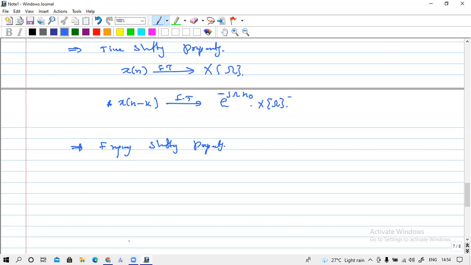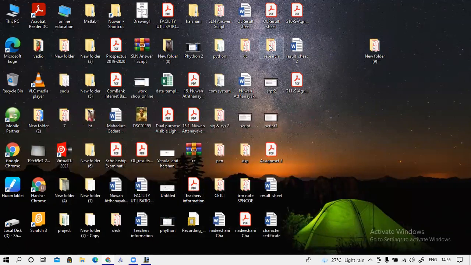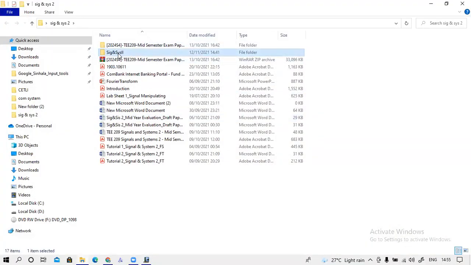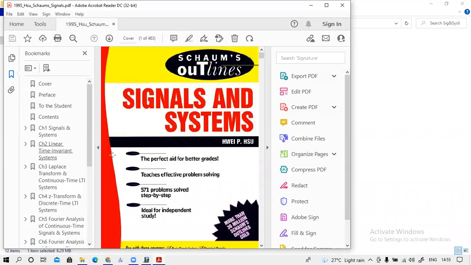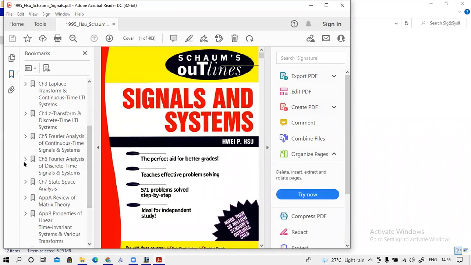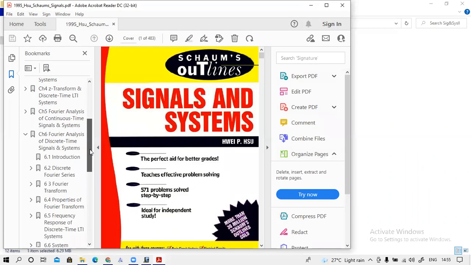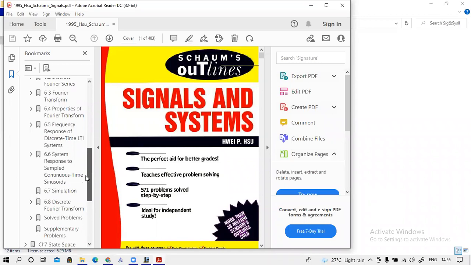Let me check it, so hold on please. You can see my screen. I will use the book as usual. Here you have the Fourier transform of the discrete time signal. Actually, I couldn't keep these properties in my mind, but you have to keep them, at least until the exam.